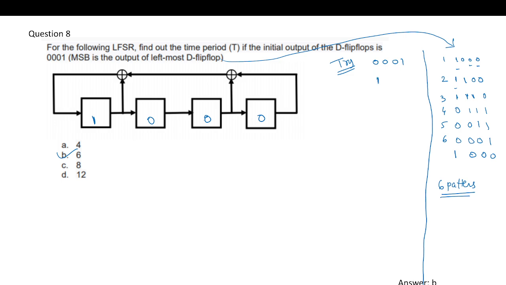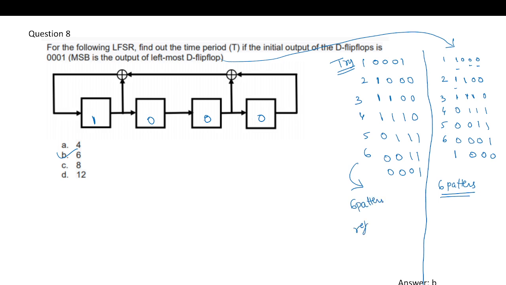With 0 it is 1. 0 0 0. 0 and 0 is 0, with 1 it's 1. 0 and 0 with 1 is 1. And 1 with 1 is 0. And 1 and 1 is 0, so 0 0 0 0 1 1. Again 0. So 1, 2, 3, 4, 5, 6. Here also 6 patterns. After that, it repeats.